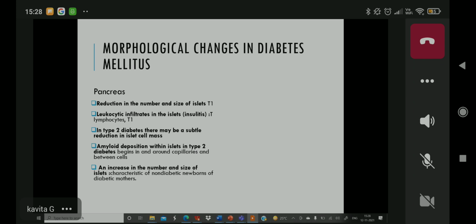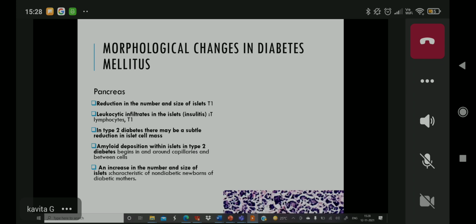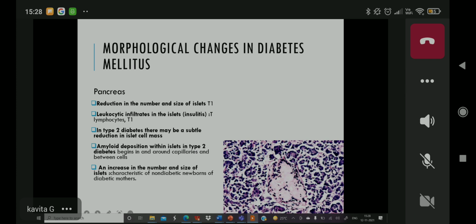Third thing is you have amyloid deposition, which I mentioned in type 2 diabetes, right? And then in diabetics, it is seen that actually there's a characteristic increase in the number and size of, so this is a different histological feature seen in gestational diabetes. So over here, look at what has happened to the poor pancreas. Look at the acini, they're all shriveled up.